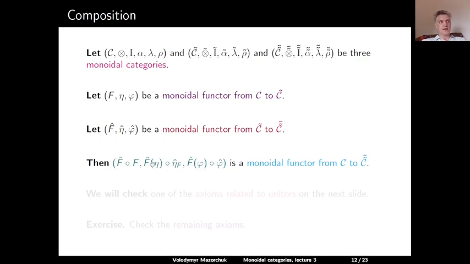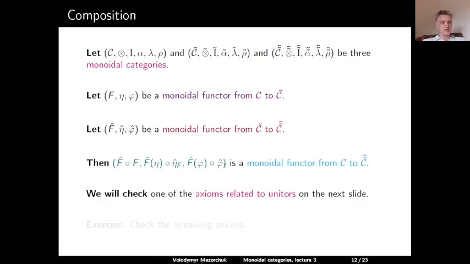So the natural transformation eta for this composition is defined as the composition of F hat applied to eta for F, and after that eta hat evaluated at F. And the morphism phi for this composition is defined as F hat applied to phi composed after phi hat.